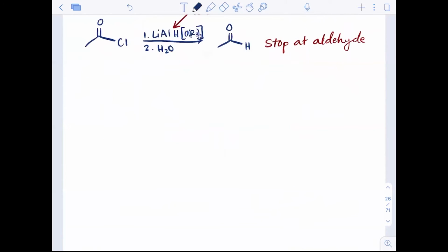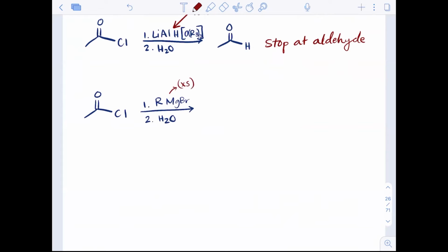Last one that I want to go over, how do acyl chlorides react with Grignard reagents? If we have a Grignard reagent, again, what is going to be happening here in this reaction? Again, we should see our Grignard reagent up at the top, followed by a water workup. Typically for that Grignard reagent, we see excess, right?